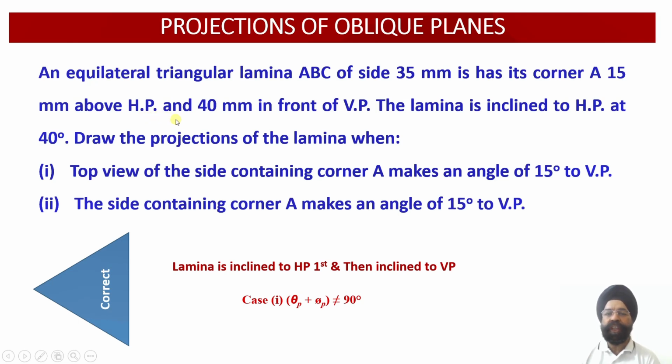Then once you draw the true shape in the top view and the edge view in the front view, thereafter the second rotation is given to us, that is, the top view of the side containing corner A makes an angle of 15 degree with respect to the vertical plane. That is, whatever apparent shape of this lamina will be available, the top view of one of the sides, you see both these sides contain corner A, so you can incline either this side or this side at an angle of 15 degree to the vertical plane.